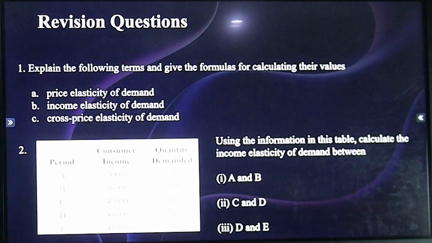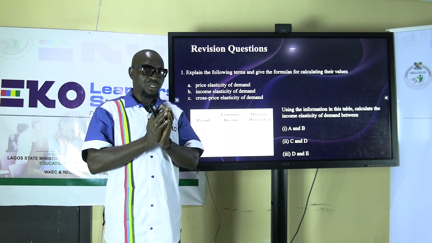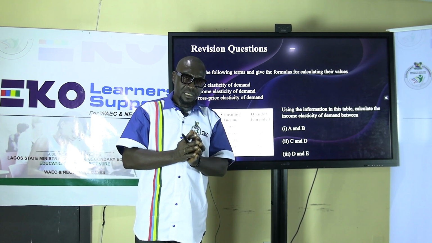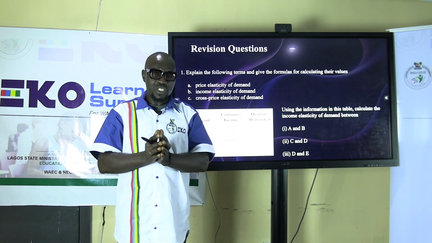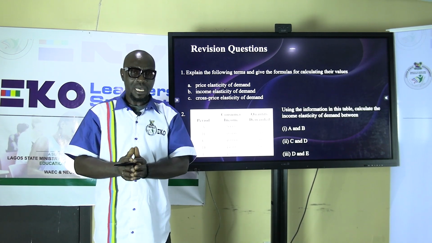And the formula for calculating that is the ratio of the change in quantity demanded of the first commodity, say A, or bread, like we said, to the change in the price of another commodity, B, or butter in our example.